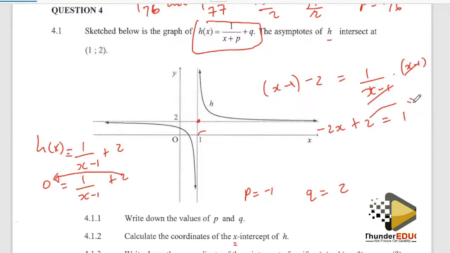When I move this to that side, it's going to be negative 2x is equal to negative 1. Since 1 minus 2 is negative 1, I divide both sides by negative 2. So my x is going to be a half. Since they want coordinates, it's going to be a half and 0. So you can see that it is cutting the x-axis.